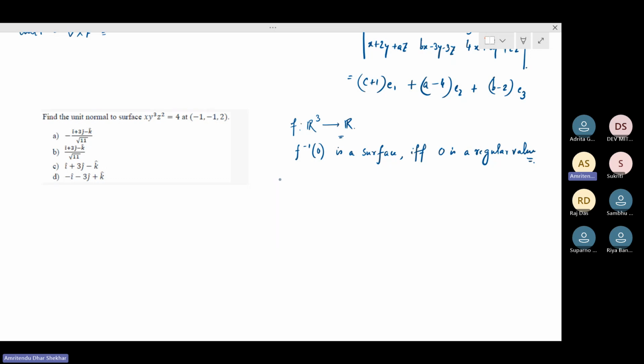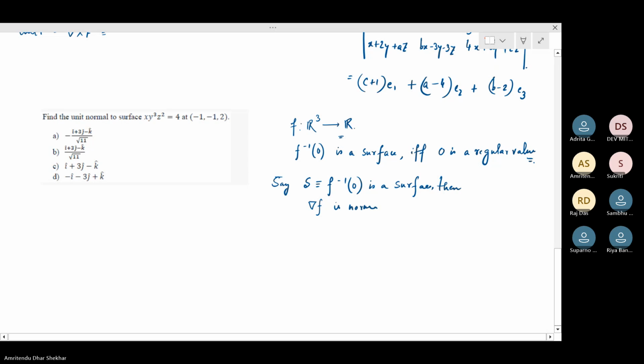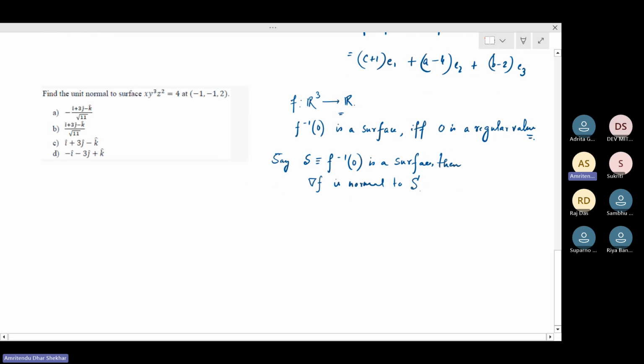So grad of f, so say S is equal to f inverse of 0 is a surface, then grad of f is normal to S. So what do you mean by normal to S? It means that for any point p in S and for any vector v which is in the tangent plane at this particular point.